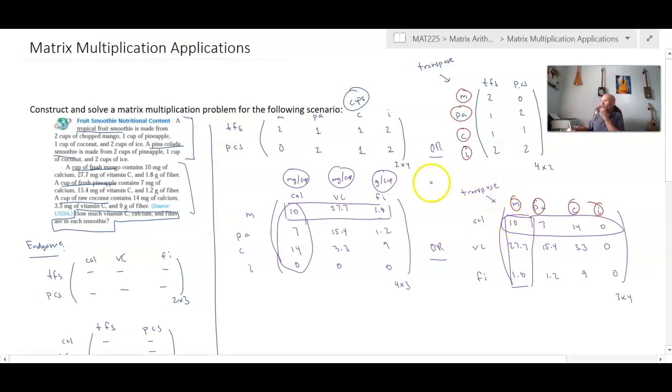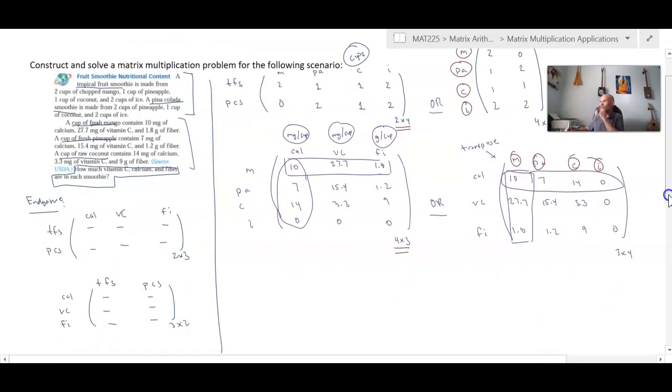Now, if I choose the 2x4, then the multiplication with a 3x4 won't make sense. The inner dimensions have to match. 4 doesn't match 3, so I can't multiply those. But I can multiply a 2x4 with a 4x3.